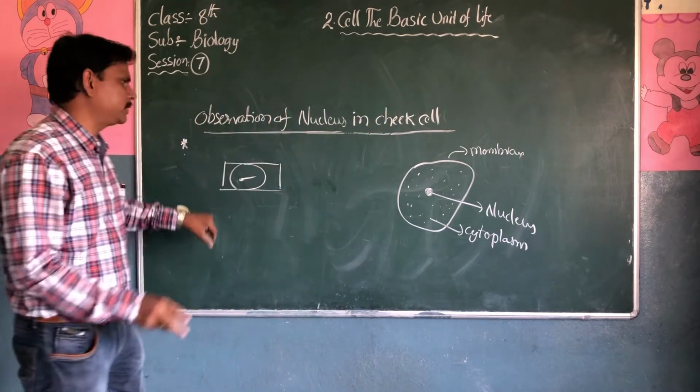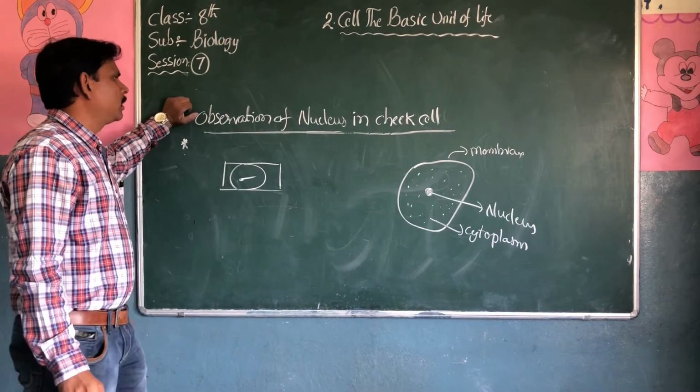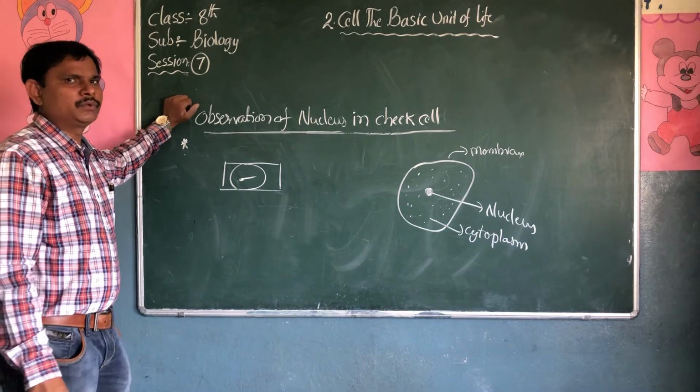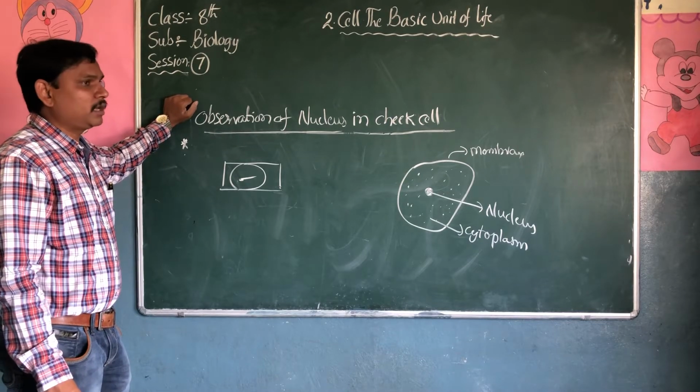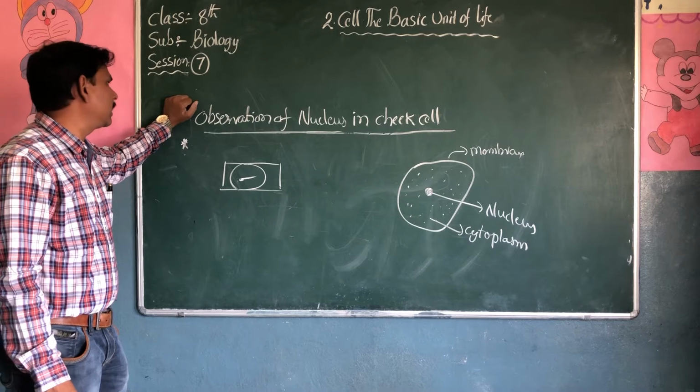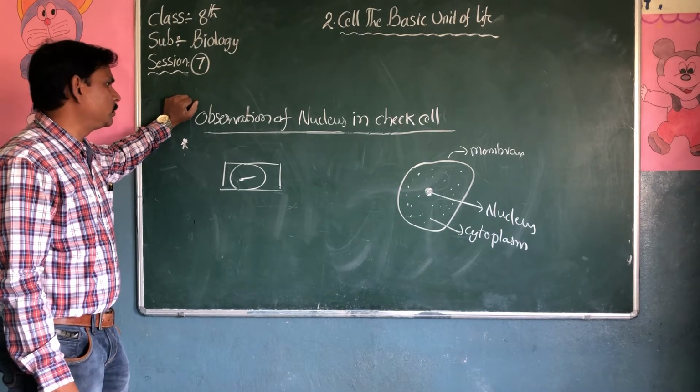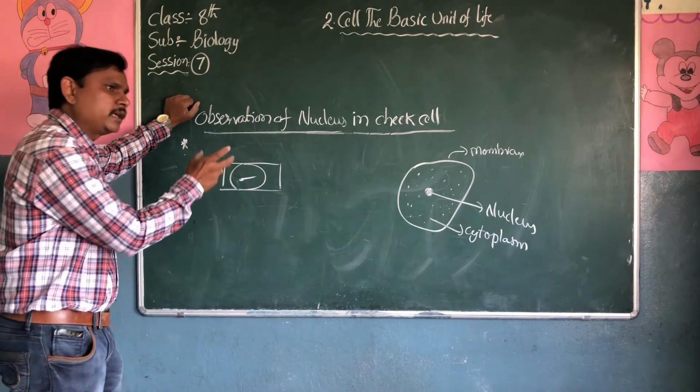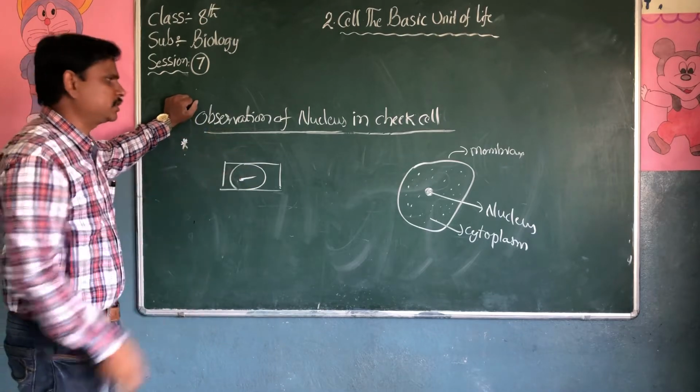So these three activities are simple. First one is observation of human cheek cell, then observation of nucleus in onion peel cell, and observation of nucleus in cheek cell. These are the same activities, they have similar functions.